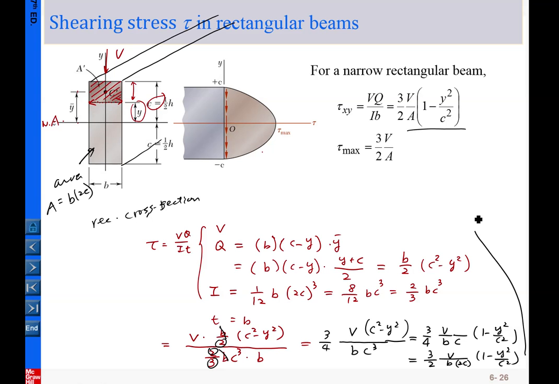I'm out of space, let me move here. Therefore tau equals 3/2 V over A, times 1 minus y squared over c squared. After simplification we have this equation. From here you can see tau xy as a function of y. Let me erase unnecessary information.